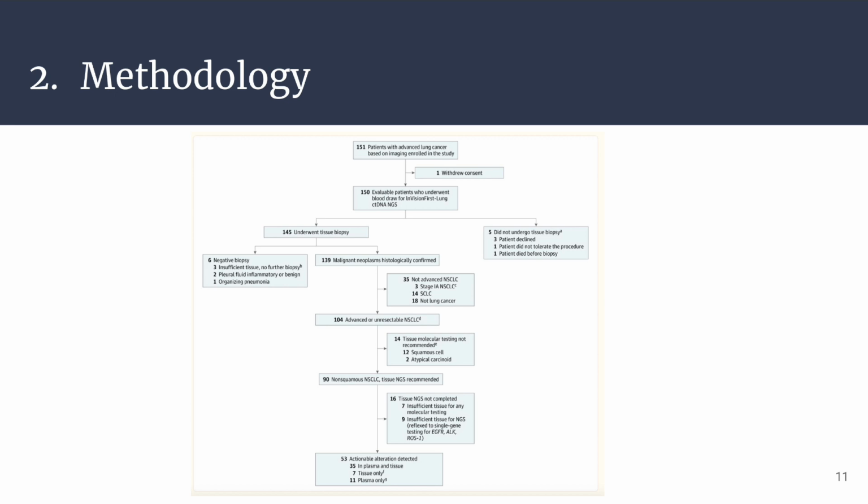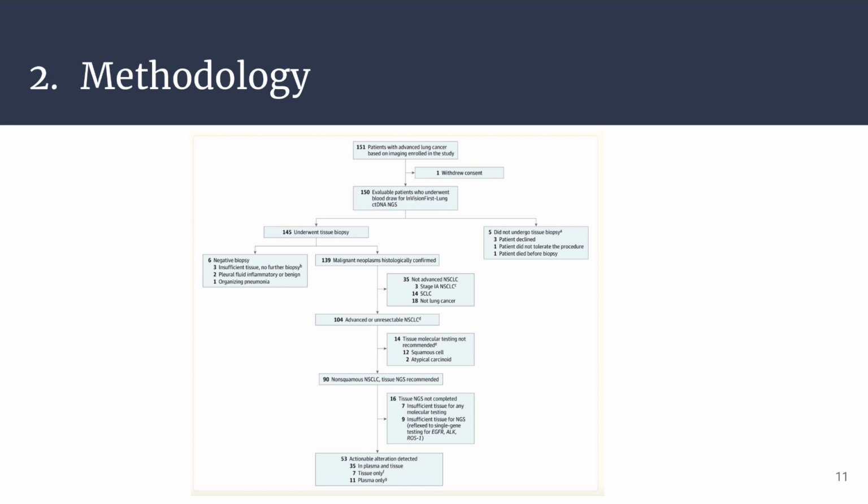After eligibility confirmation, patients were invited to participate in the study, like in this figure. Consenting patients underwent a peripheral blood draw. Approximately 20 ml of blood was collected in Streck tubes and shipped to the clinical laboratory for the analysis.